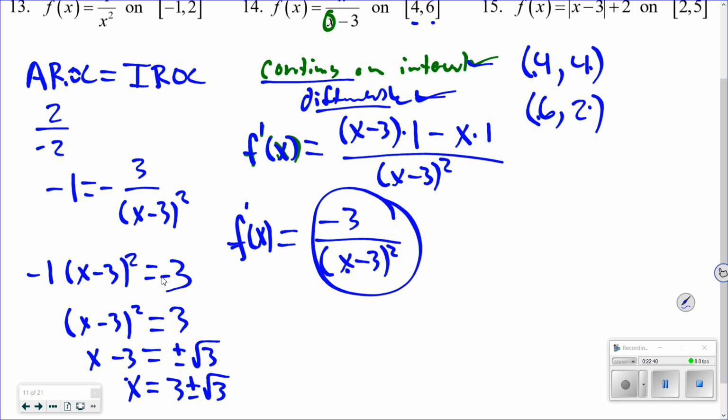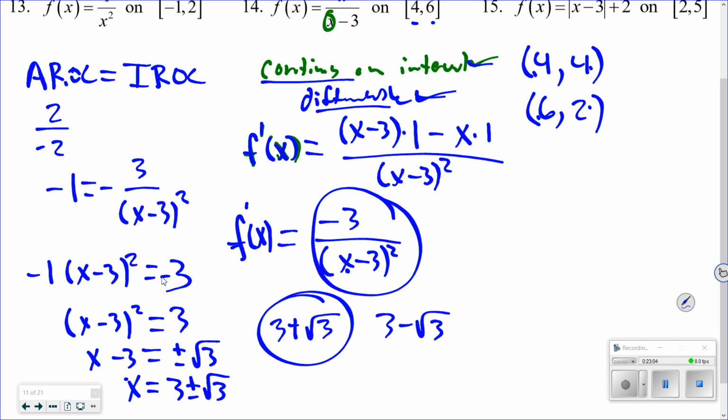When I look at that, that means there's two possible answers. I have 3 plus the square root of 3, and I have 3 minus the square root of 3. I need to find the one that fits between 4 and 6. 3 minus the square root of 3 is going to be less than 4. So 3 plus the square root of 3 is my answer right there.